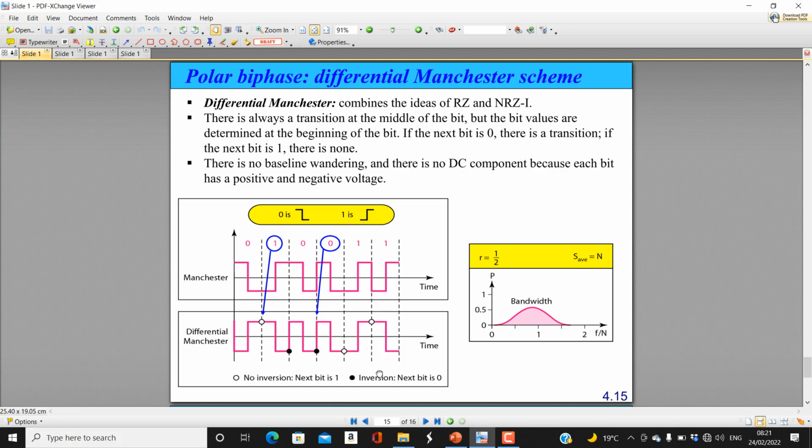Then in the middle you will make a transition, because it's Manchester or differential Manchester. Both of them make a transition in the middle. But in differential Manchester, a zero makes inversion at the start and a one doesn't make inversion. Okay.